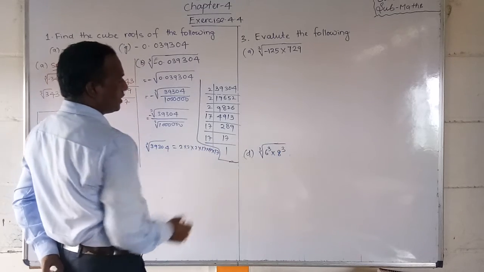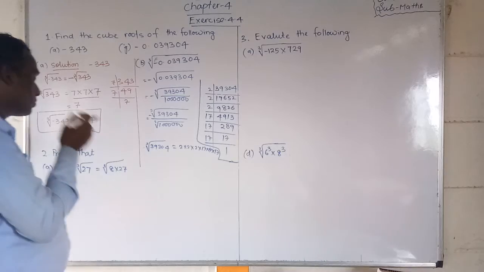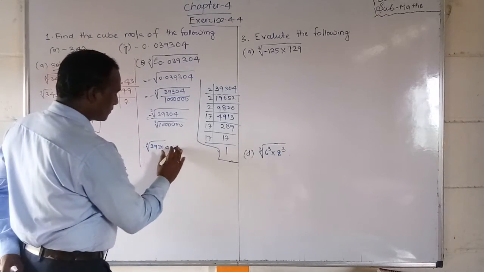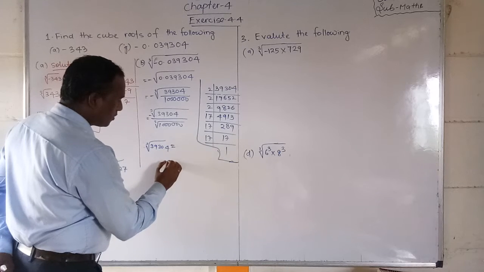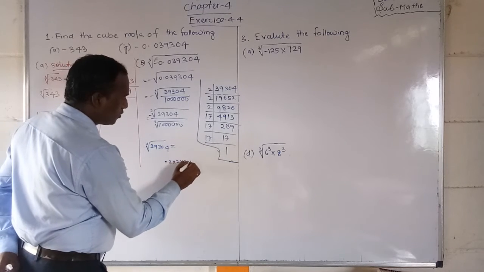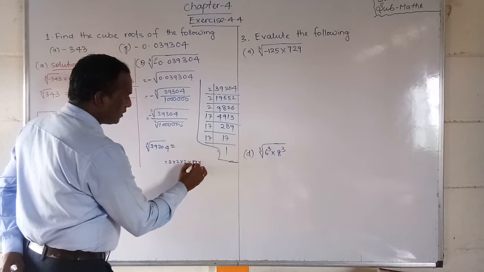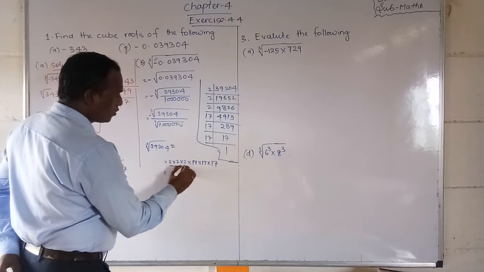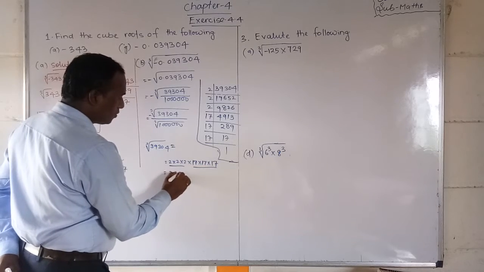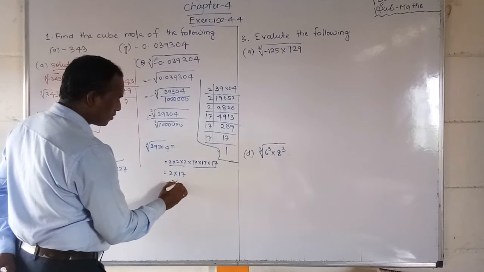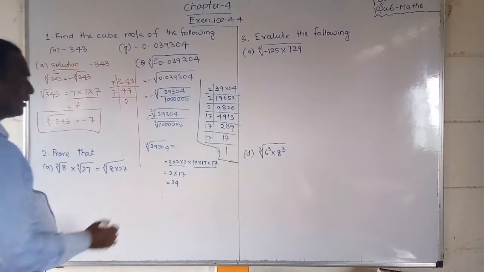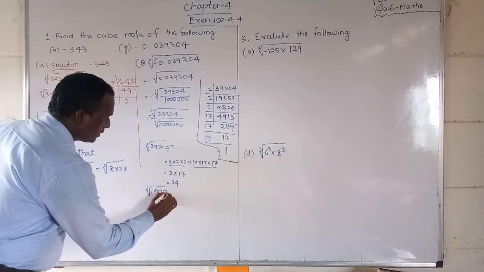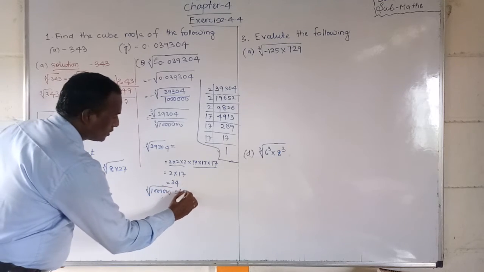Make it in groups: 2 into 17 is equal to 34. And the cube root of 6 zeros is 3 zeros, that is 1000.